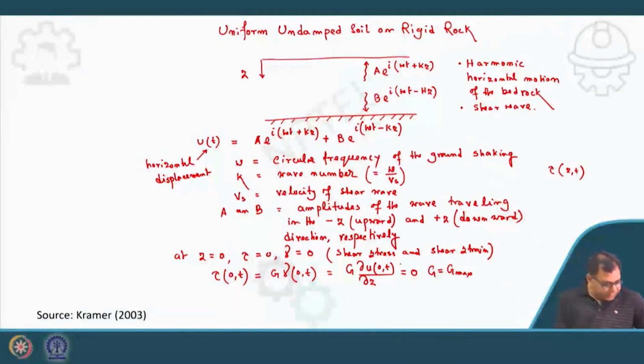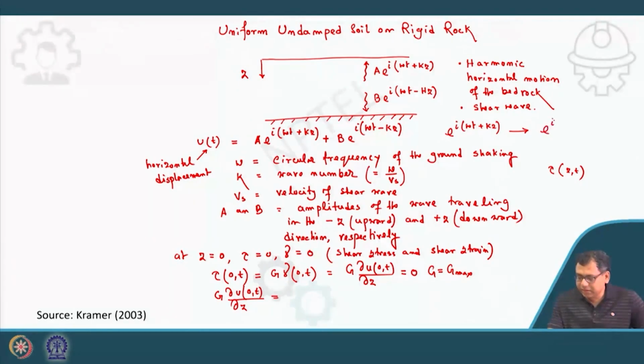Now, if I put this in, G times del u(0,t) by del z, that means if I do del u by del z, you know that this e to the power i(omega t plus k z) I can make e to the power i omega t into e to the power i k z, and I am differentiating with respect to z only.